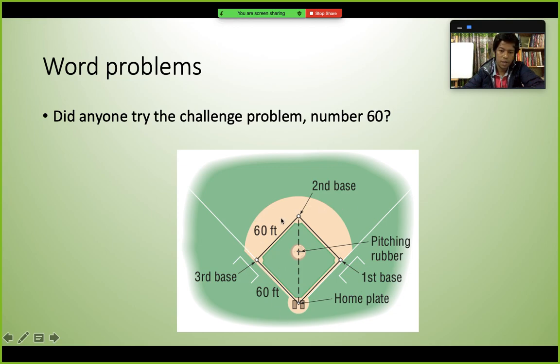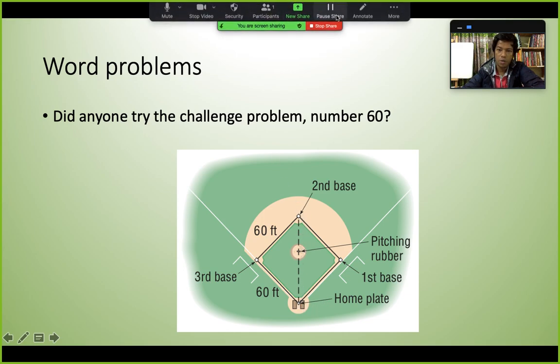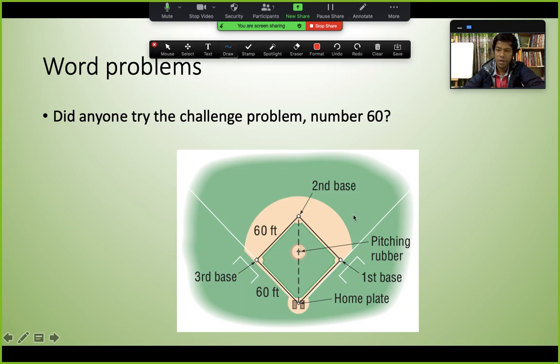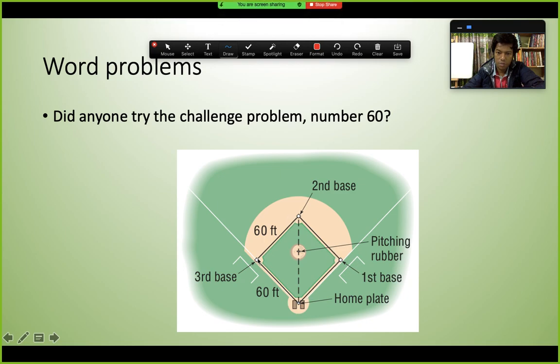This question asks you to find the distance between second base and home plate. If you have tried and found the answer, you will notice that this is actually a square, because this side is 60 and this side is 60, so they are equal.